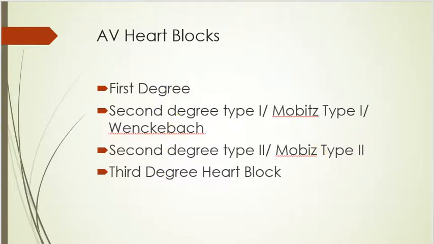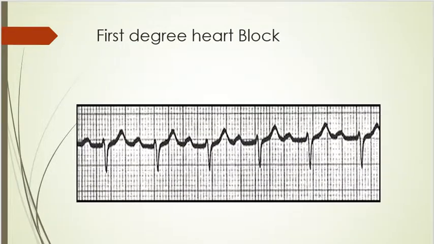But there's just four different ones. The first degree heart block, let me just bring that up. All that a first degree heart block consists of is typically just a PR interval that is greater than the norm.